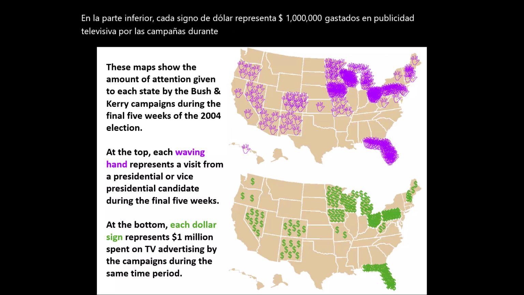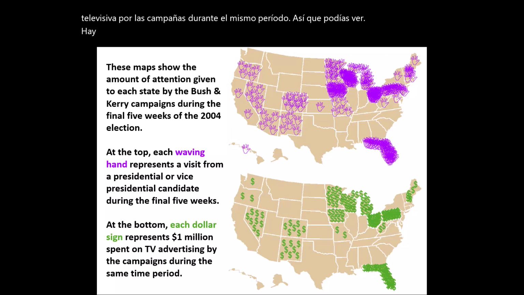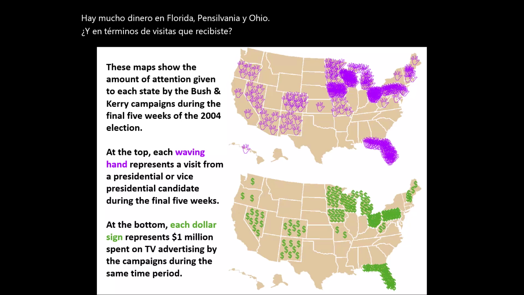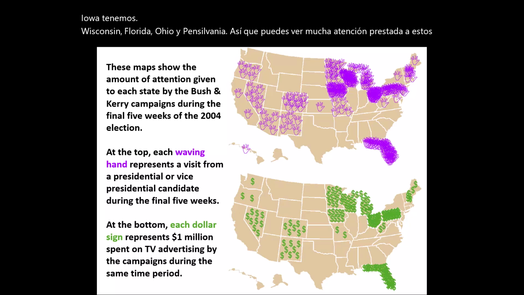So you can see there's lots of money in Florida, Pennsylvania, and Ohio. And in terms of visits, you got Iowa, Wisconsin, Florida, Ohio, and Pennsylvania. So you can see lots of attention paid to these smaller areas, not so much outside there.